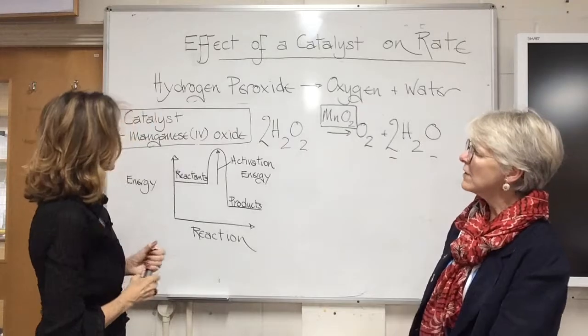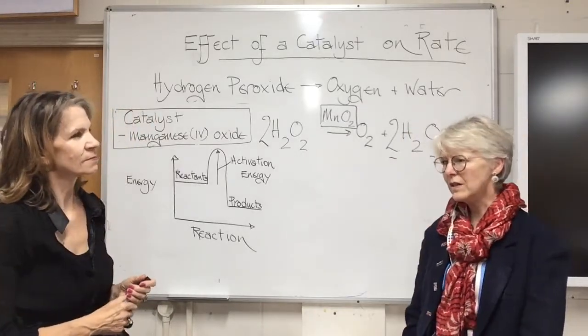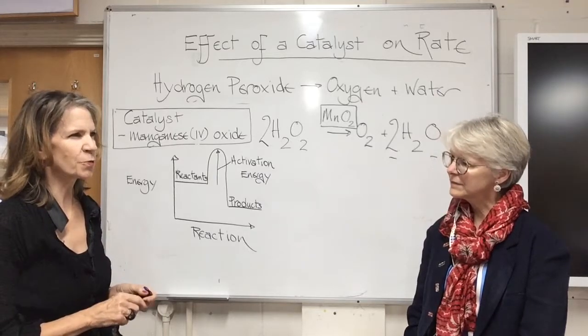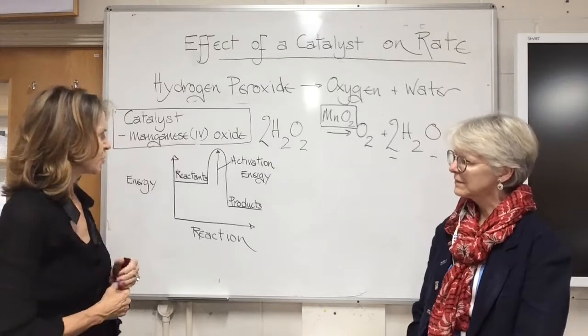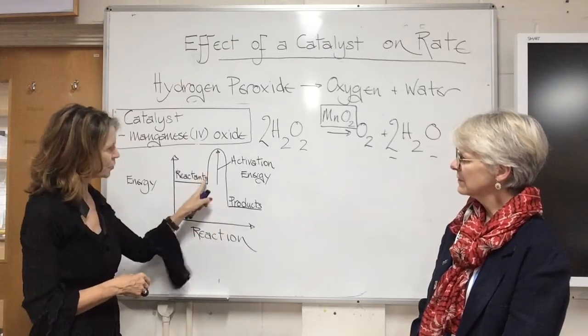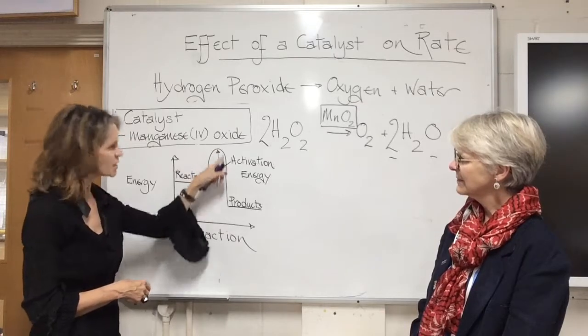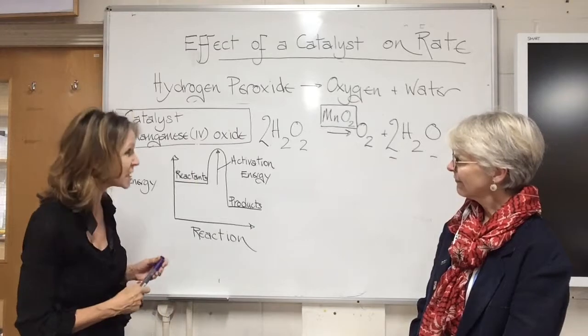Okay, right, so we know the catalyst is chemically unchanged at the end. So how does it work? What's it actually doing? That's different from the definition. So for a normal reaction, you have the reactants going to products, and the reactants have to have sufficient activation energy to react successfully. Yes.